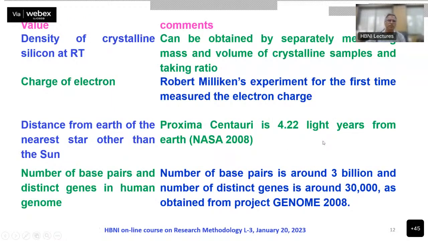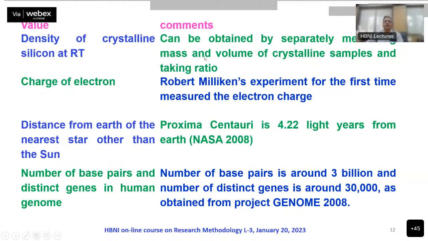Some of the examples of measurement of a quantity: like density of crystalline silicon at room temperature. So this is the objective of your research. You are measuring one value. So you cannot make a hypothesis in such a case because density could be anything. So you do this second type of research where you do an experiment to measure the value. It can be obtained by separately measuring mass and volume of crystalline samples and taking the ratio.